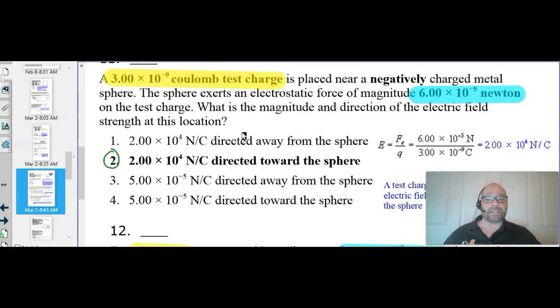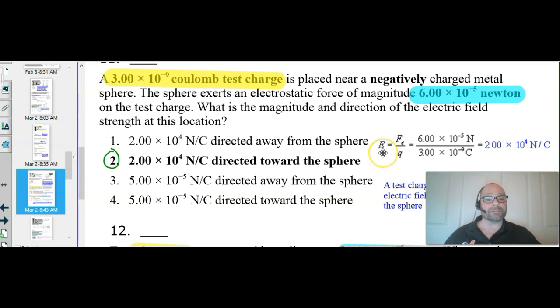So this is a straight math problem. E is F per Q. The force was given as 6 × 10^-5 newtons. That's right here. And the charge that's being acted on is 3 × 10^-9 of a coulomb. That's the test charge, and you see it's a positive value. So when you do the math, you get 2 × 10^4 newtons per coulomb.